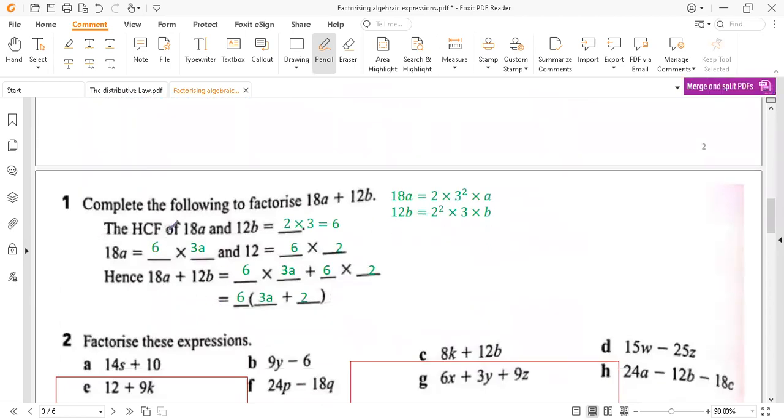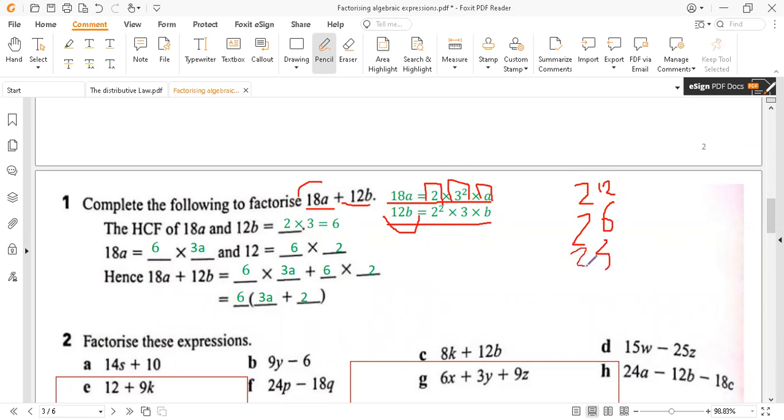So first of all, we have here two terms, and we decompose each one into prime factors. For example, 18a can be written as 2 times 3 squared times a to the power 1. 12b can be factored like this: 12 divided by 2 gives 6, divided by 2 gives 3, and 3 can't be divided by 2, it is only divided by 3 to obtain finally 1.